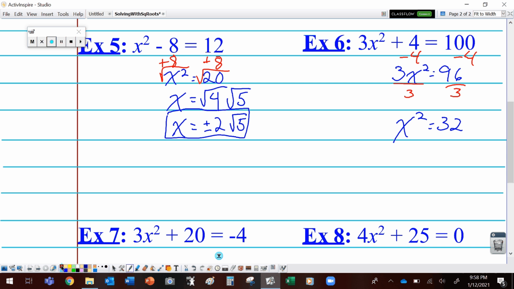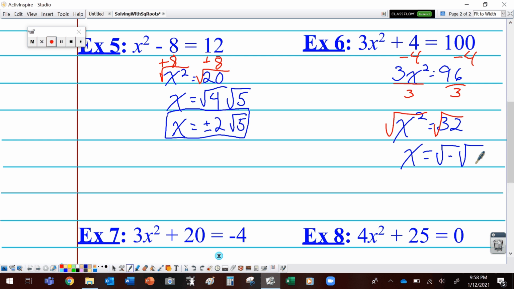All right, so next up, take the square root on each side. Squared and square root cancel. X is all by itself. On the right side, 32 is not a perfect square, so I need to split it up. So I'm going to split it up into 2 square roots, one of which is a perfect square that evenly divides 32, and the other is what that perfect square needs to be multiplied by to get 32.